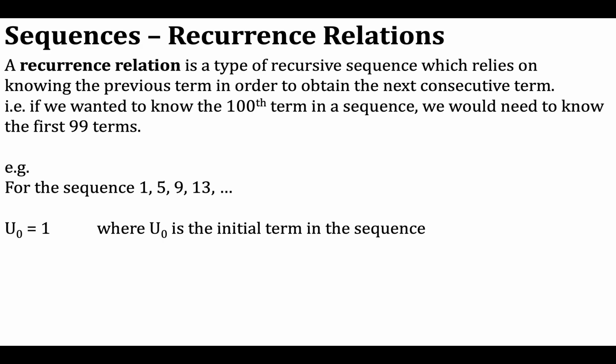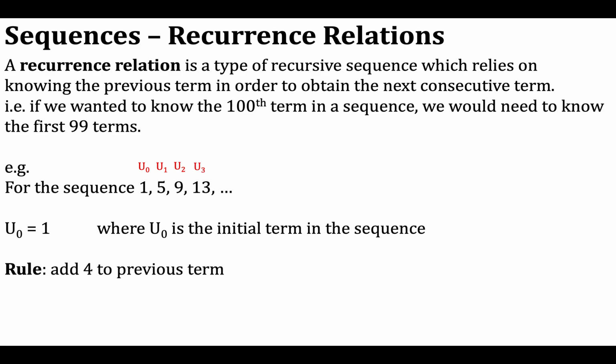Any sequence has to have an initial value defined for it to be a valid recurrence relation. So u0 is the initial term in the sequence, and here that is equal to 1. We then have u1 being equal to 5, u2 is 9, u3 is 13.